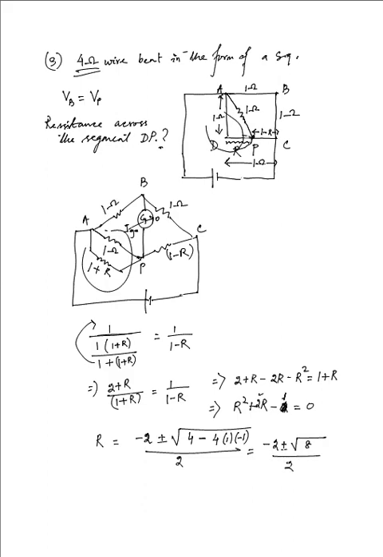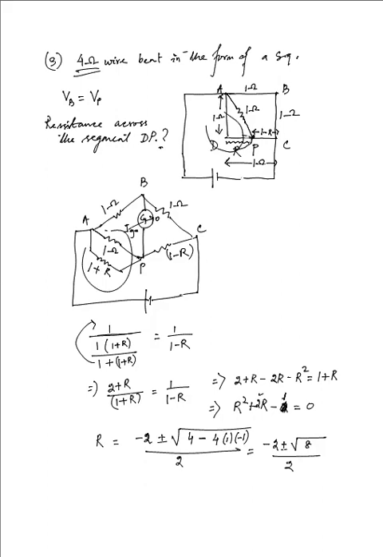Now root 8 is 2 root 2, which is obviously greater than 2, and that minus 2 over here is going to give me some value. But what about the negative one? Well, the resistance can't be negative in the first place.